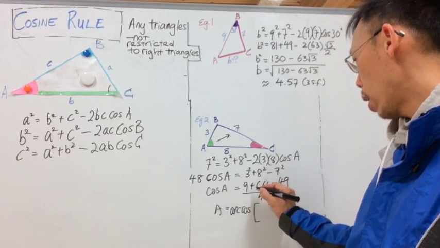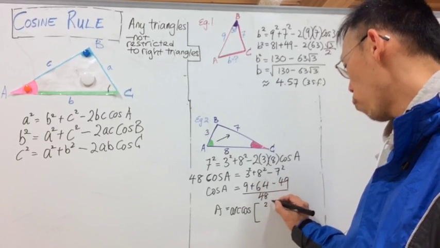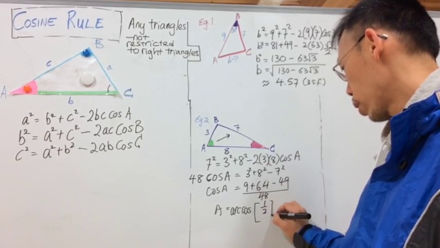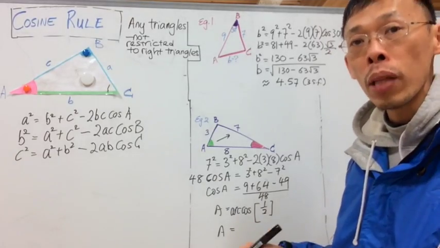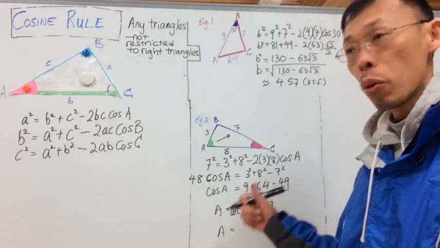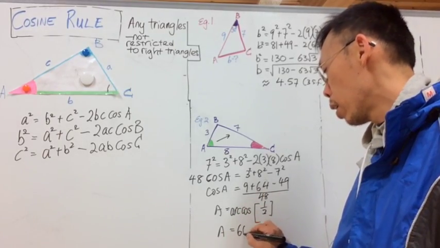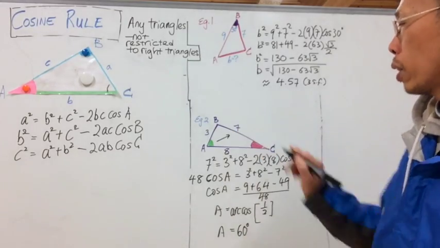Arc cosine of half, that's easy because I know that cosine 60 degree is equal to half. Therefore, arc cosine of half must be 60 degree. So this one is relatively easy. Now I know this is 60 degrees.